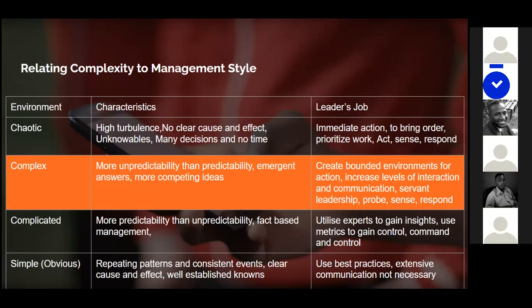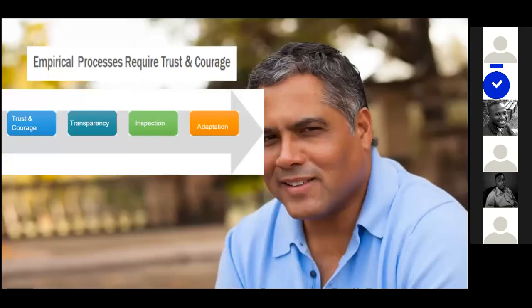So when it comes to business agility, the complex situations tend to... agility, being agile can help us to handle complex situations. So empirical processes will require trust and courage. It will require a lot of trust and courage. We can see how there is so much issues surrounding the vaccine as regards trust.